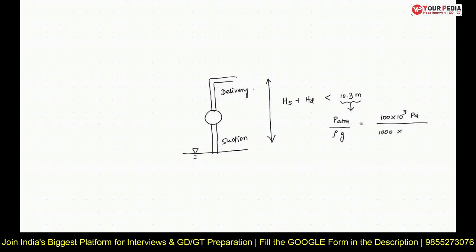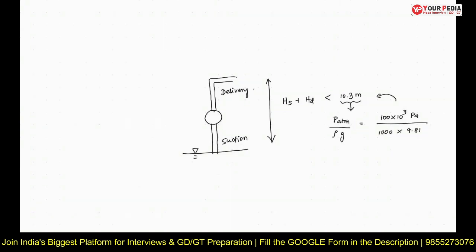According to you, we cannot increase the pressure above 1 bar. No, we can use the pumps in series so that we are able to deliver water above 10.3 meters.